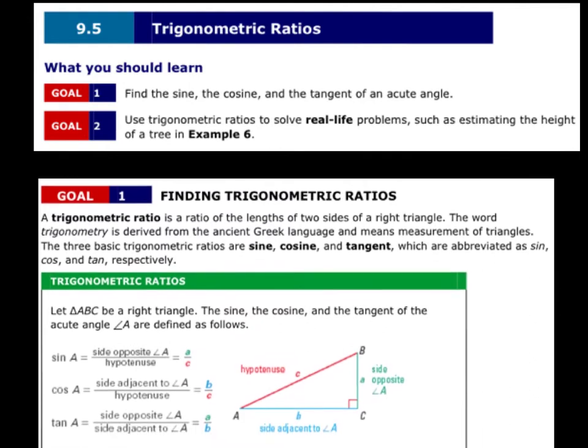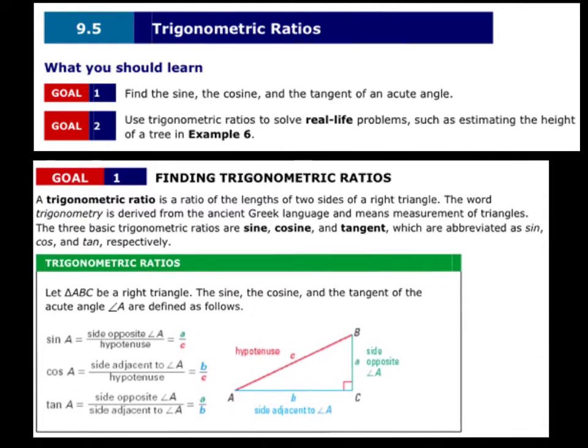All right, so again, some things that you're probably going to want to get into your notes is the definition of a trigonometric ratio. Here it is right here. A trigonometric ratio is a ratio of the lengths of the sides of a right triangle. Very simple. We've talked about trigonometry being the Greek word for measurement of triangles.